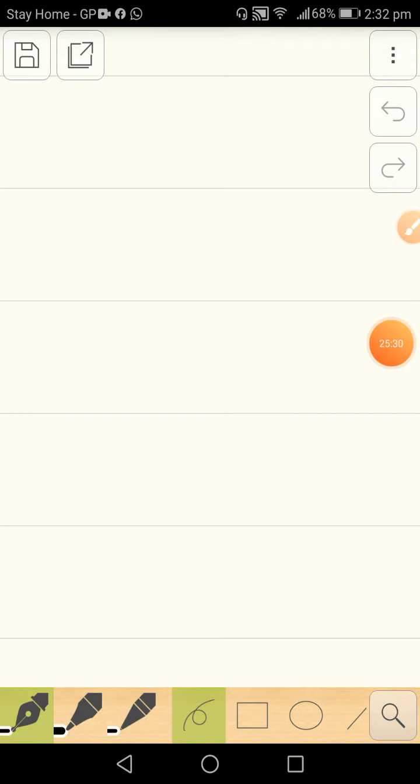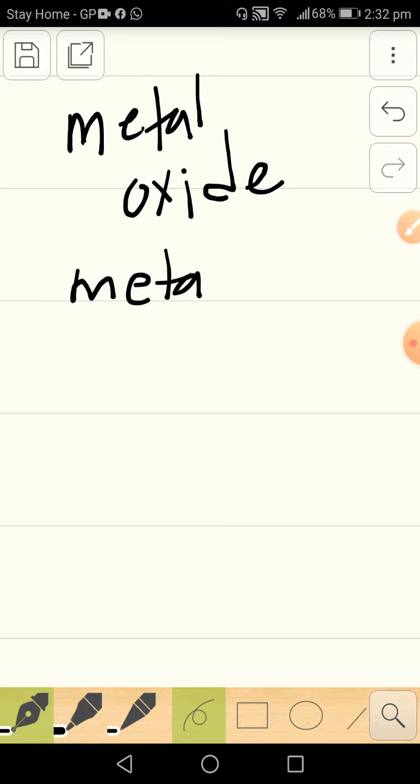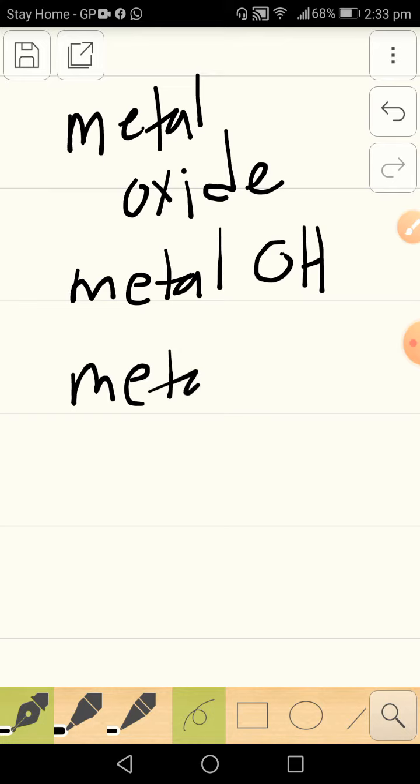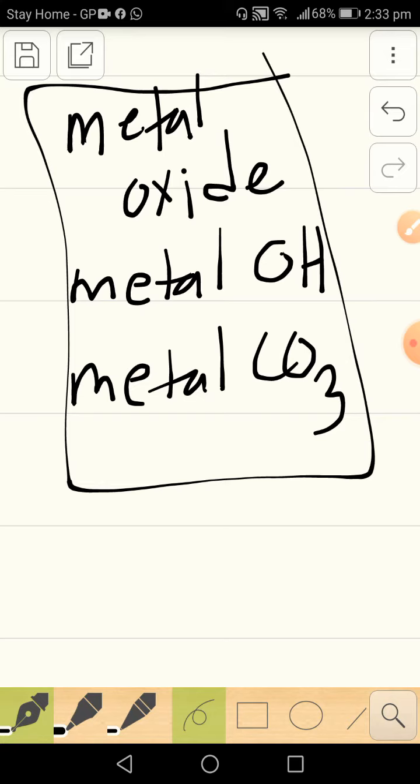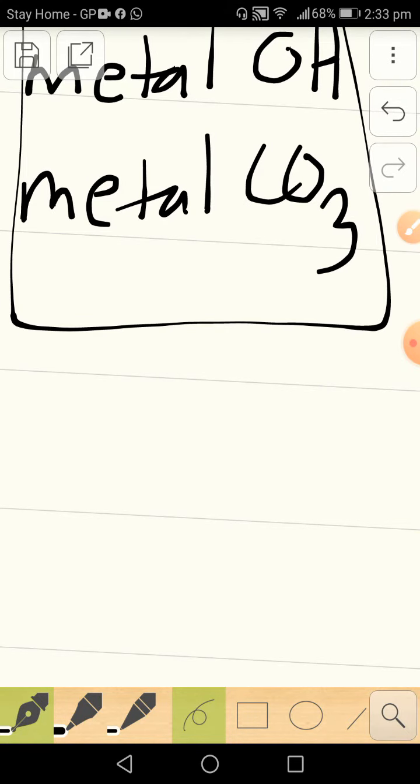Now, the problem is that when the metal oxide, or the metal hydroxide, I'm just writing OH, or the metal carbonate is soluble in water, the problem starts to grow.